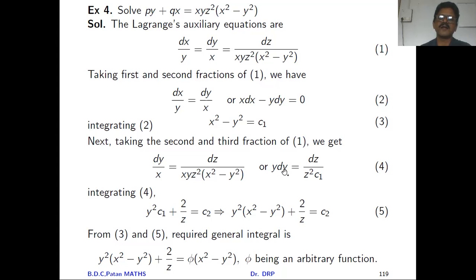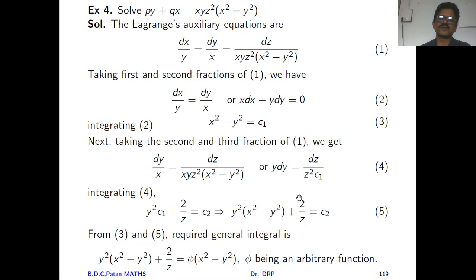So integral of y dy gives y square upon 2. Then for the integral of 1 upon c1 you will get an outside constant, and the integral of dz upon z raised to 2, we can write as integral of z raised to minus 2 dz, and it takes the form z raised to minus 1 upon minus 1.